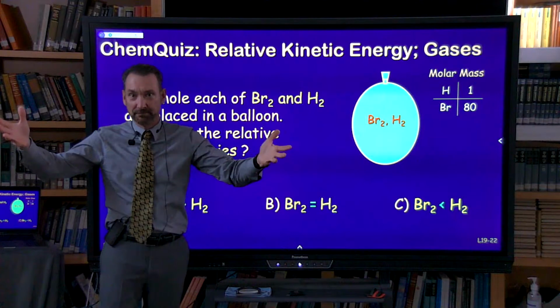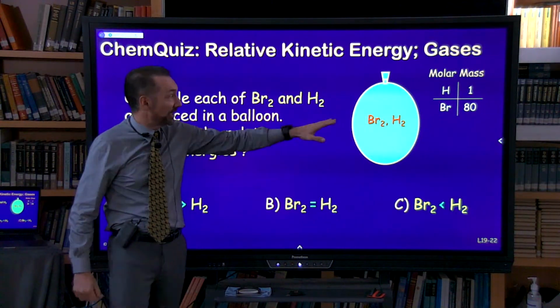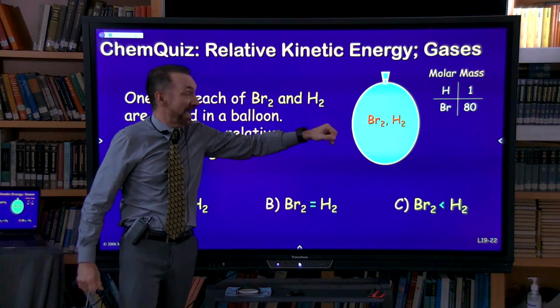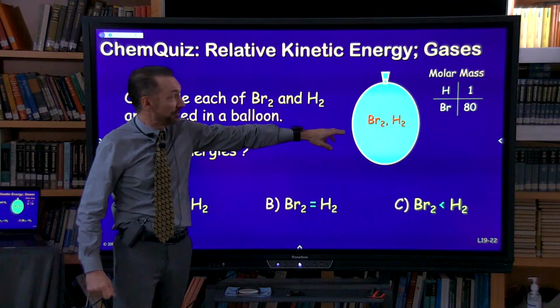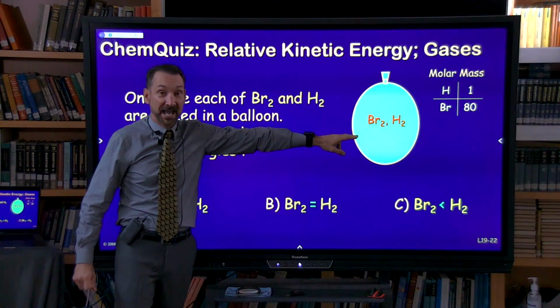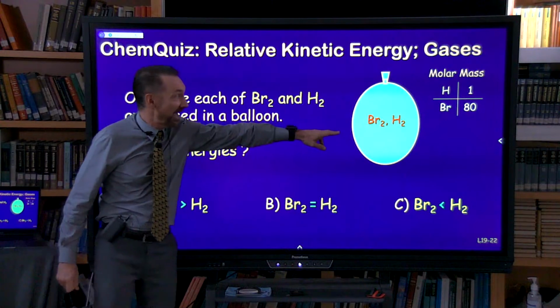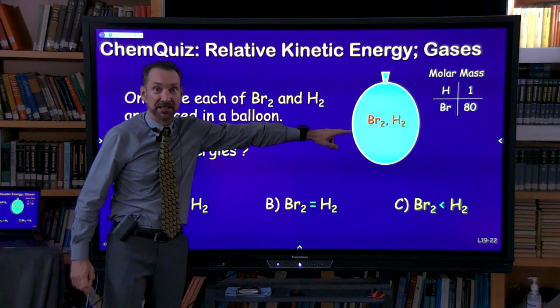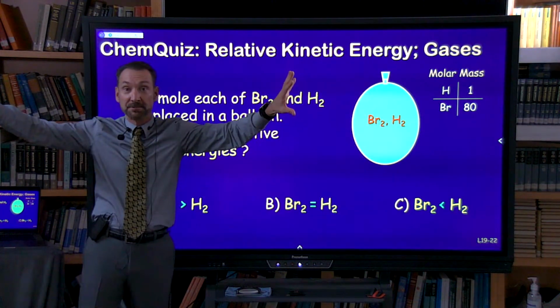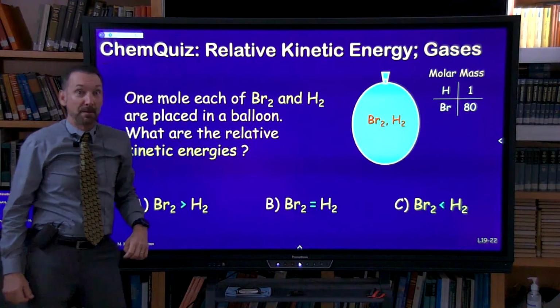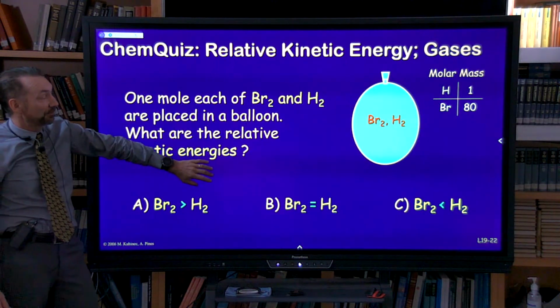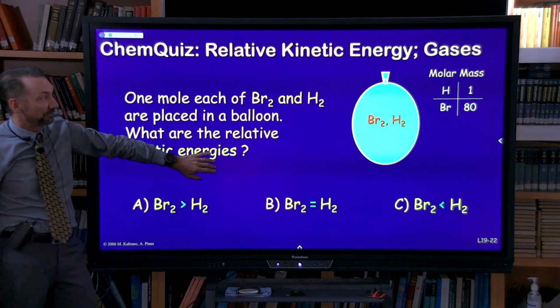More gas is more energy, more particles, but it's 3/2 nRT. 3/2 RT is the energy for 1 mole of gas. So they each have 3/2 RT energy in there that is bombarding the sides of the balloon and causing that pressure.